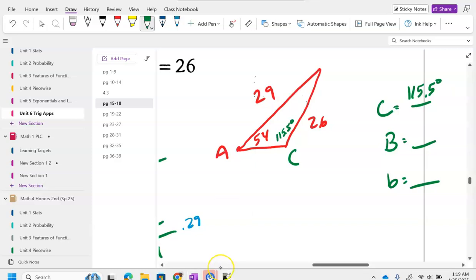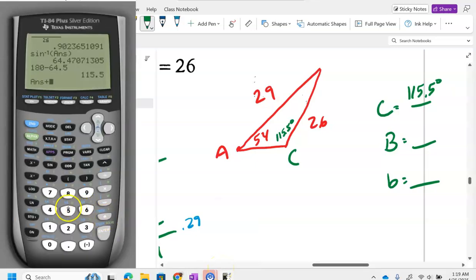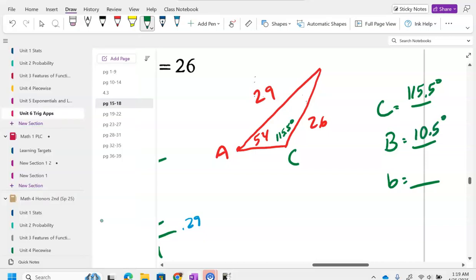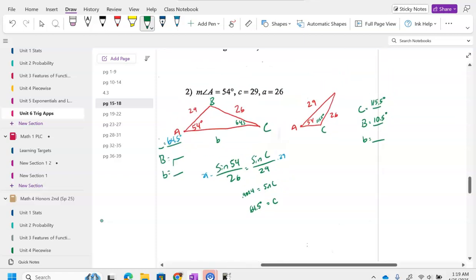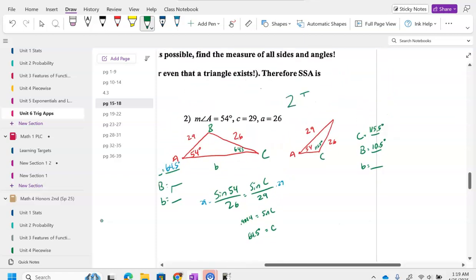Well, if I look, 115.5 plus 54 is only 169.5, which means I do have enough for the second triangle to exist, meaning the top angle is 10.5 degrees, which means we do have a second triangle. Okay, so here, 2 triangles exist. And then all you guys have to do now is finish. Okay, all right.